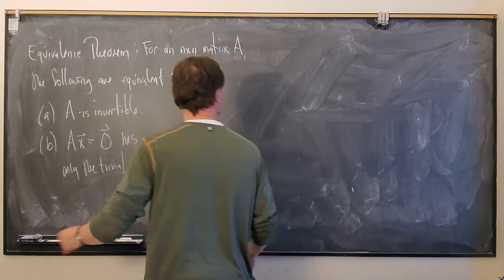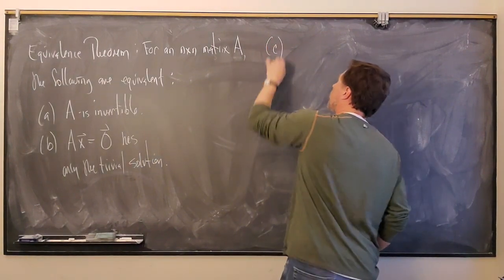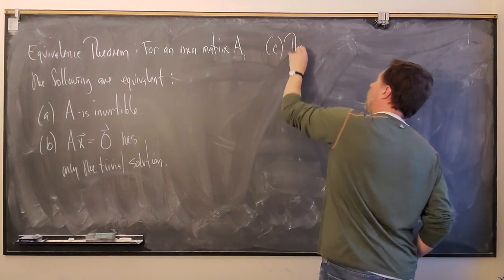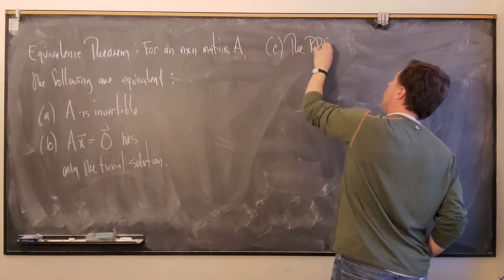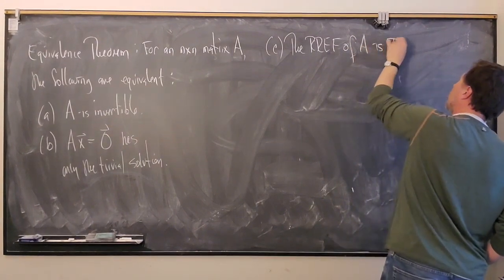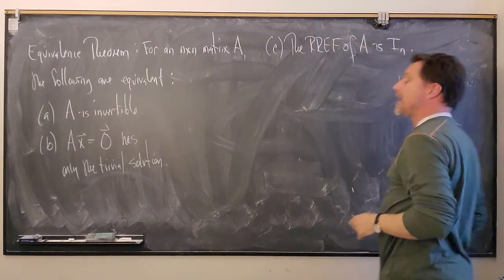Part C: the reduced row echelon form of capital A is the n by n identity matrix.